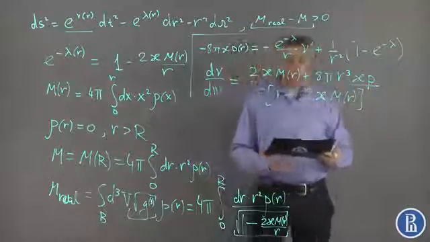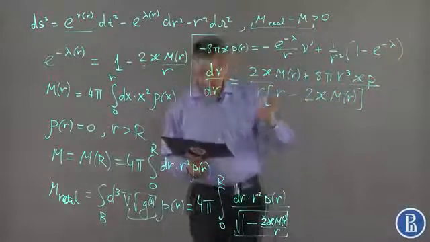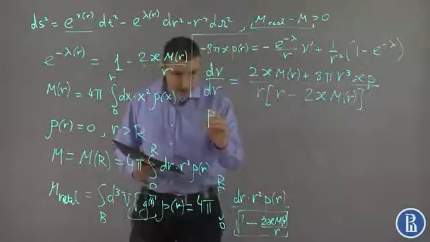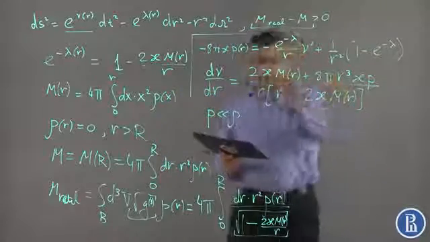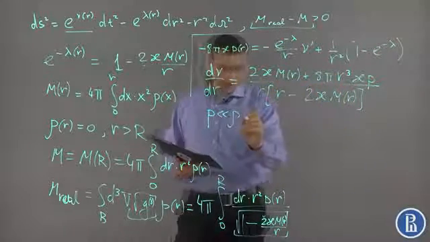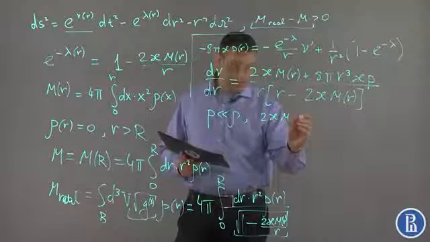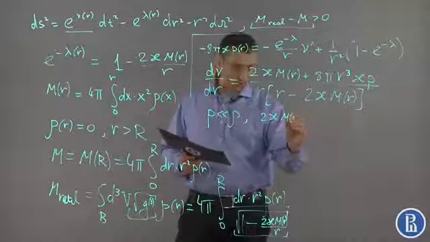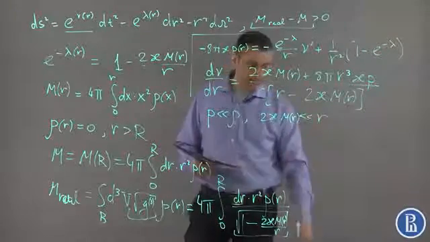So in the non-relativistic limit, let us understand this equation. To understand it, let us point out that in the non-relativistic limit, p is much less than ρ. So here we can neglect this term in comparison with this term. And also 2κm, even κm, is much less than r.